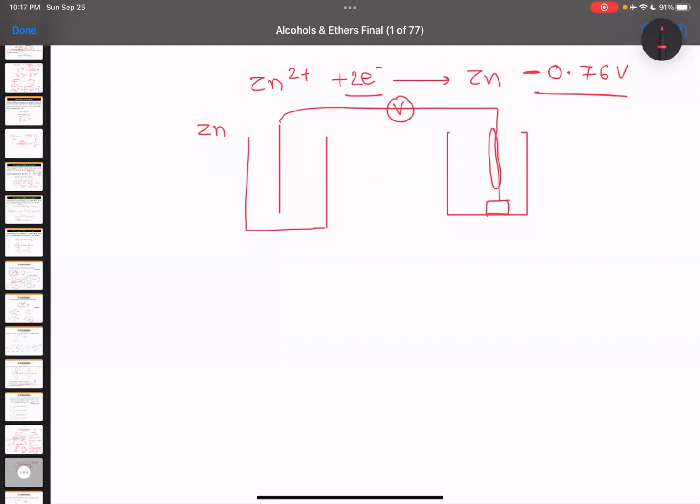Okay, EMF. So what's the formula for the EMF of a cell in terms of reduction potentials? Remember it? Yes, Amira. Yeah, in terms of reduction potential, it's E cathode minus E anode.